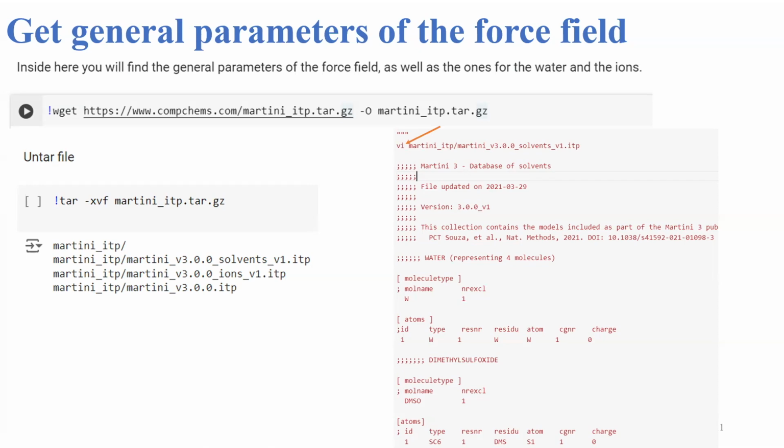So vi filename will open the file, and then you can see the contents of this particular force field. There are force fields for solvent, ions, and so on. We won't need that kind of detailed, sophisticated information, but it's good to know what is in the file before we start running it blindly.